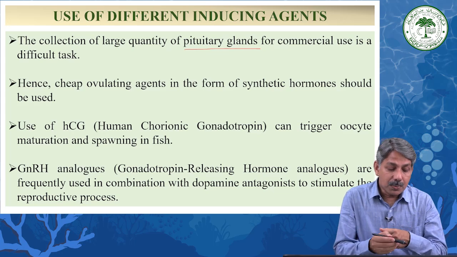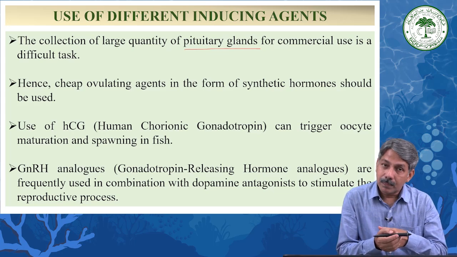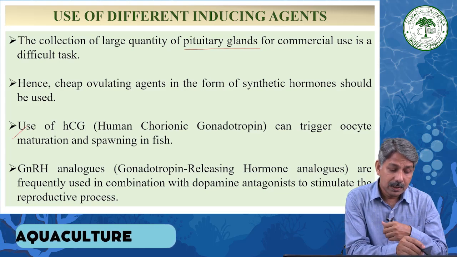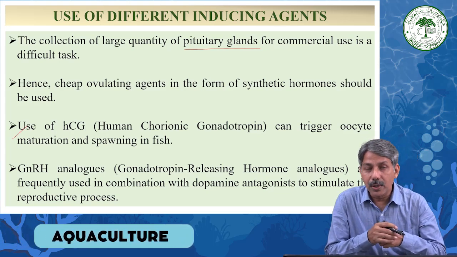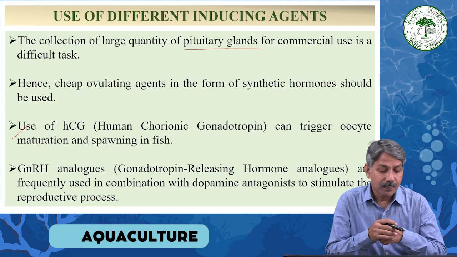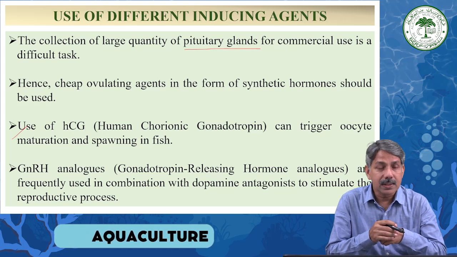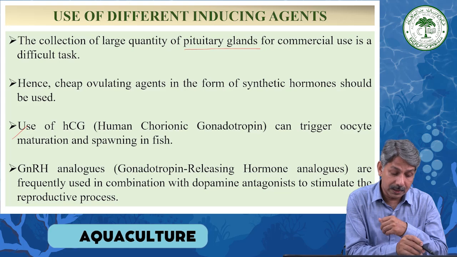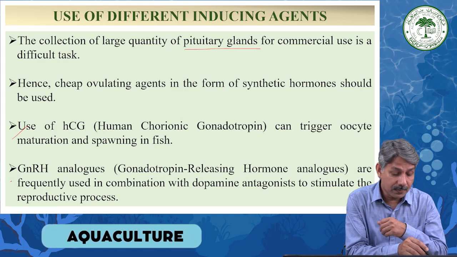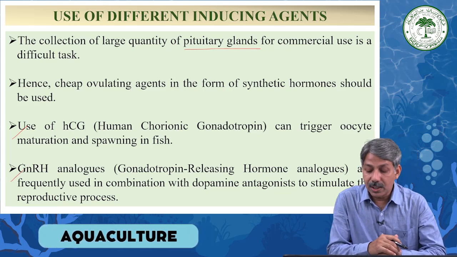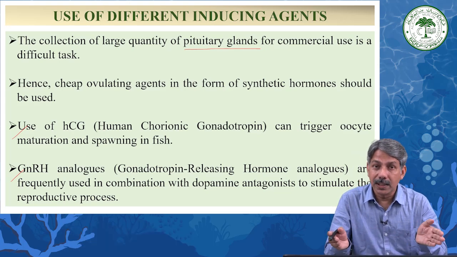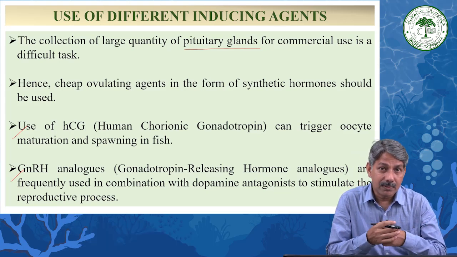So, there are many other options available for induced breeding of fishes. For example, human chorionic gonadotropin, HCG, has also given good results for induced breeding of fish. Then we also have many GnRH analogs being provided by many companies with different trade names.